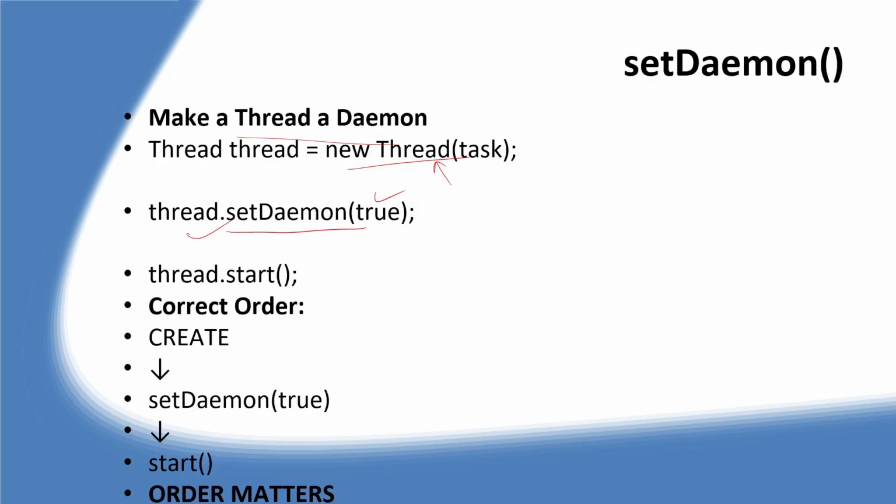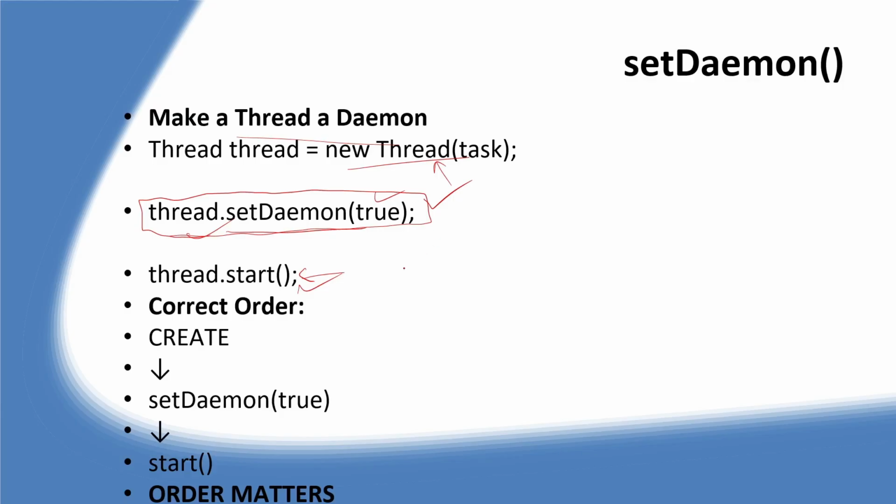The second is to call setDaemon, and only then call the start method. Before calling start, that is, before starting thread execution, we should set daemon true.